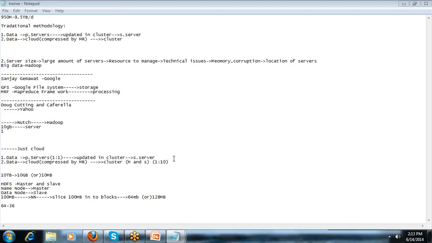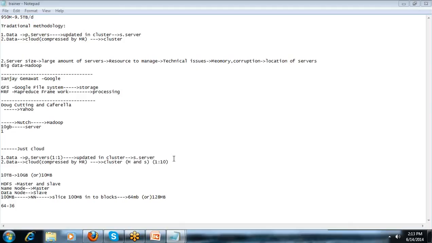Now the problem here is servers. Think about it: every day organizations are getting new clients, and the documents and data we require keep growing day by day. Once the size of the data increases, of course, we need to increase the size of the servers. We get new servers and put the data into them.